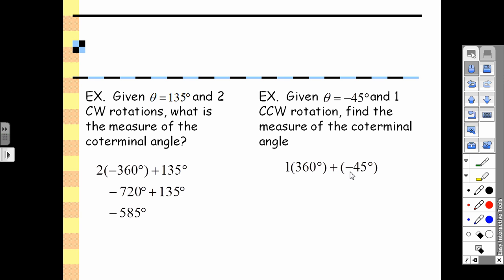So we're adding a negative, which if you want, you can just say you're subtracting it, but I know that confuses some people sometimes. So the standard form is to add the angle. Okay, so when we work this out, we get 315 degrees. So that means 315 and negative 45 degrees are coterminal, just like negative 585 degrees and 135 degrees are coterminal.